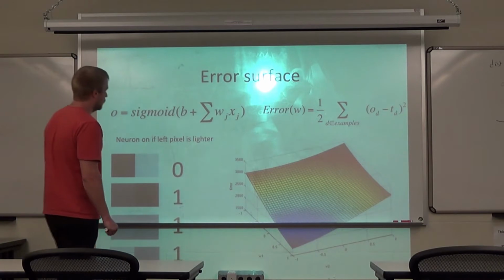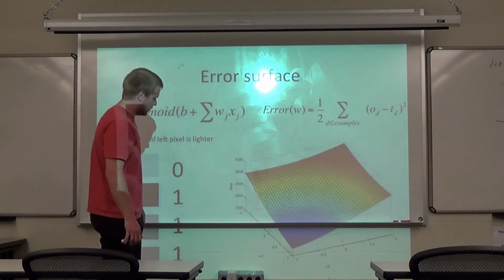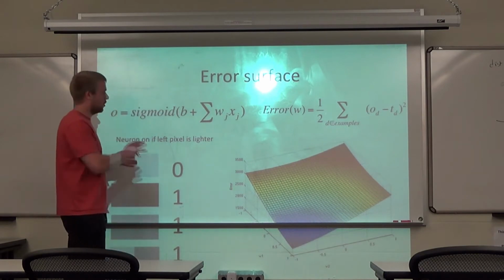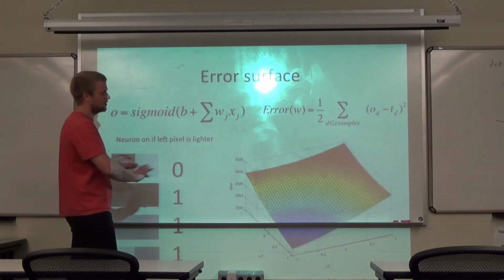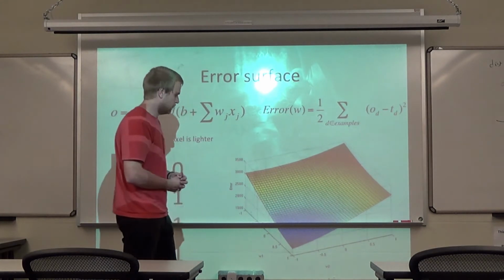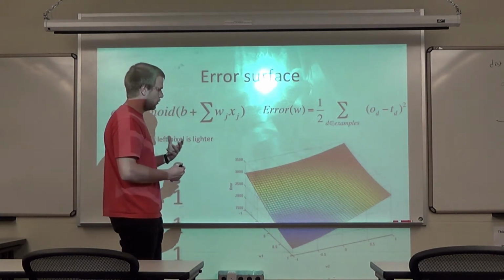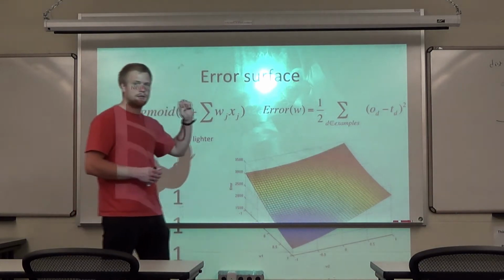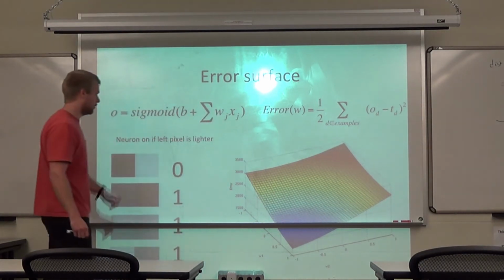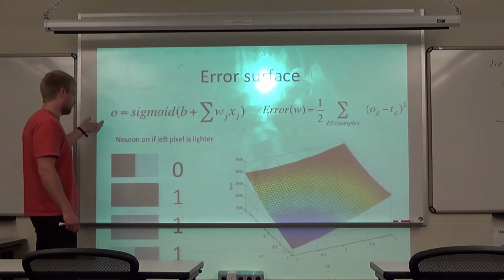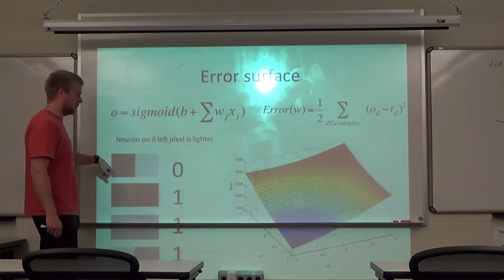Okay, so we can view all of the errors across all the different weight possibilities as a surface, and our goal is to find the lowest point on that surface. So let's say we have an example in two dimensions.